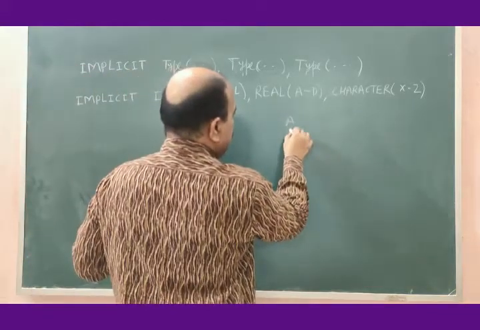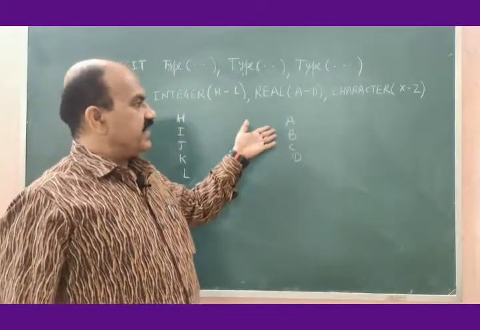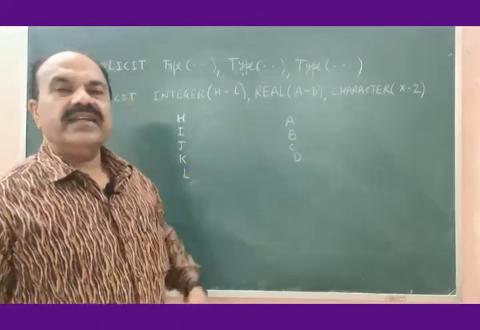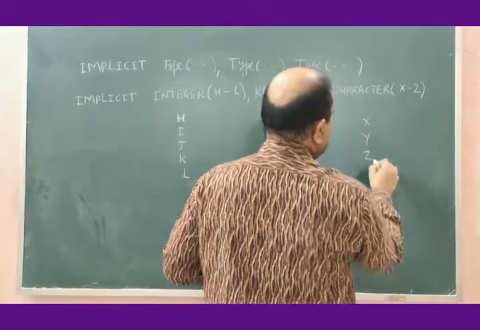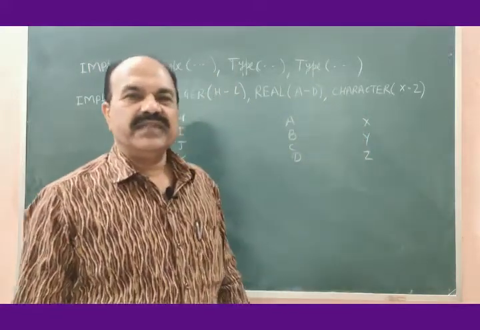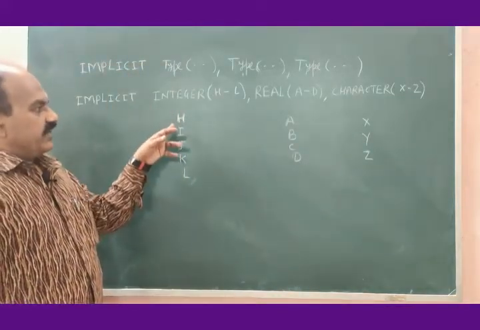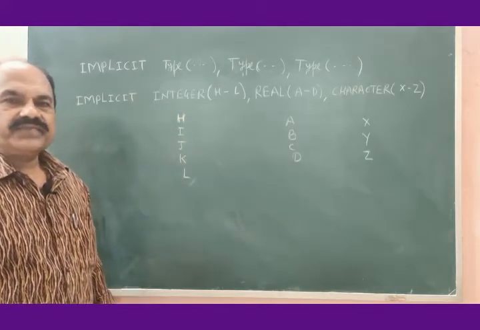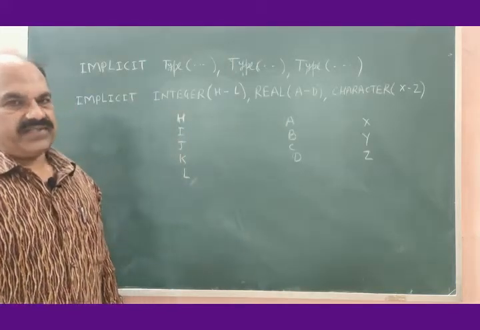Real variables: the variables starting with alphabets A, B, C, D will all be real variables. And the variables starting with alphabets X, Y or Z will be the character variables. Here I have specified H, I, J, K, L. The variables starting with these alphabets will be taken as integer variables.